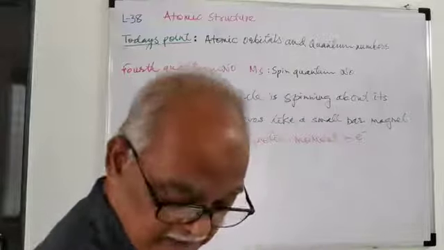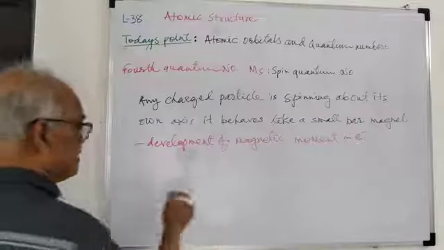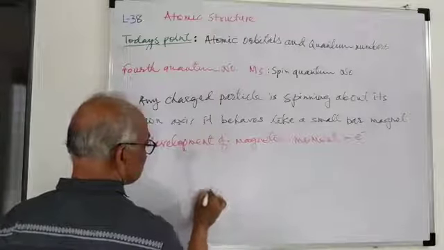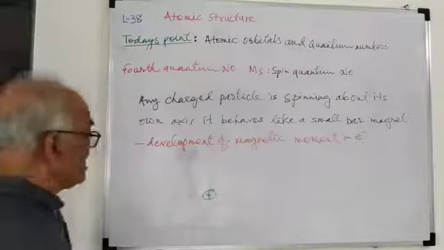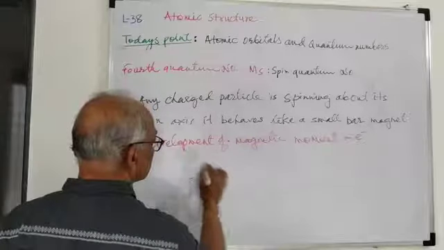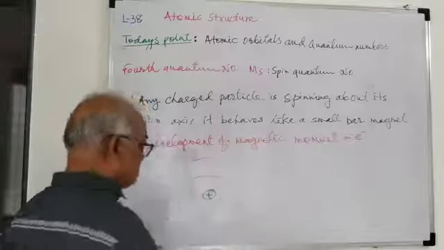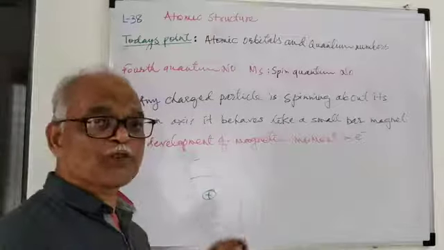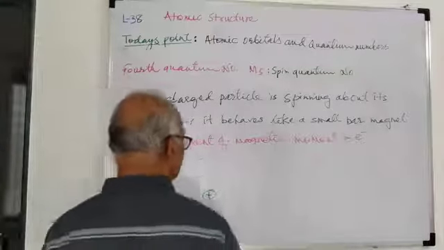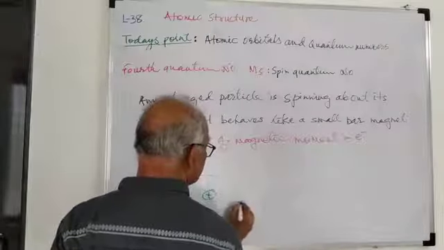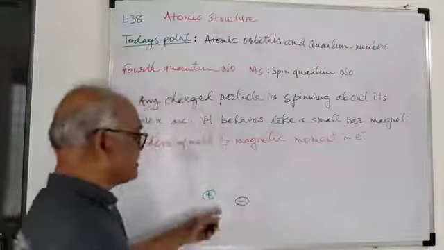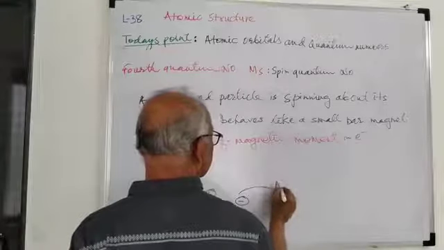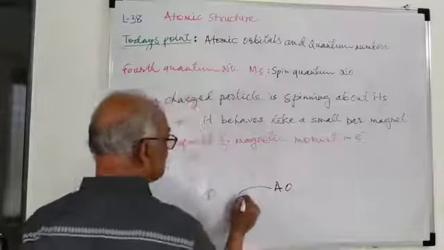So we will understand this behavior by showing a diagram. Say we consider this is the nucleus and electrons are present in these orbitals. Say it is an atomic orbital, and the electron is present in the atomic orbital. So this is a part of this atomic orbital and this is the electron.